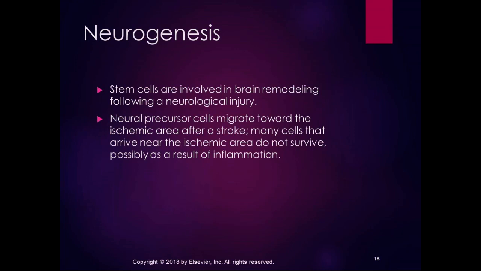So neurogenesis is an exciting avenue of discovery of novel therapies to treat brain injury or disease. There's still stem cell activity in the brain, even with a mature brain, but the areas of research that are going on now is how do you keep those precursor cells from getting killed near the ischemic area as a result of inflammation, and how do you get them to develop into the neural pathways that you want.